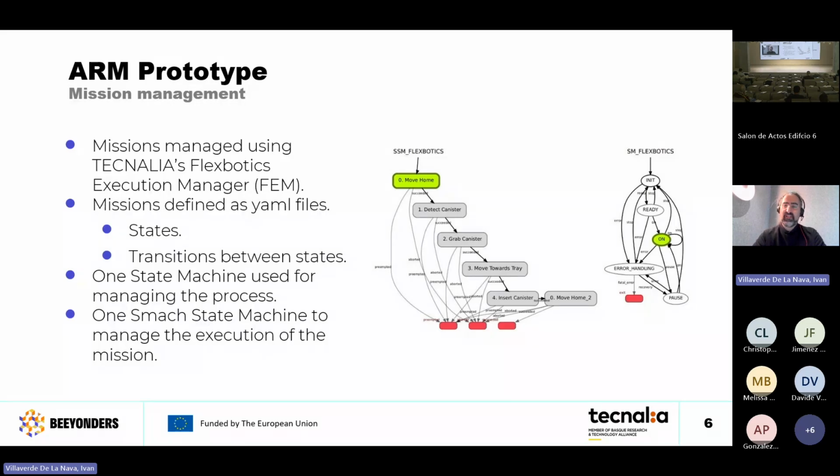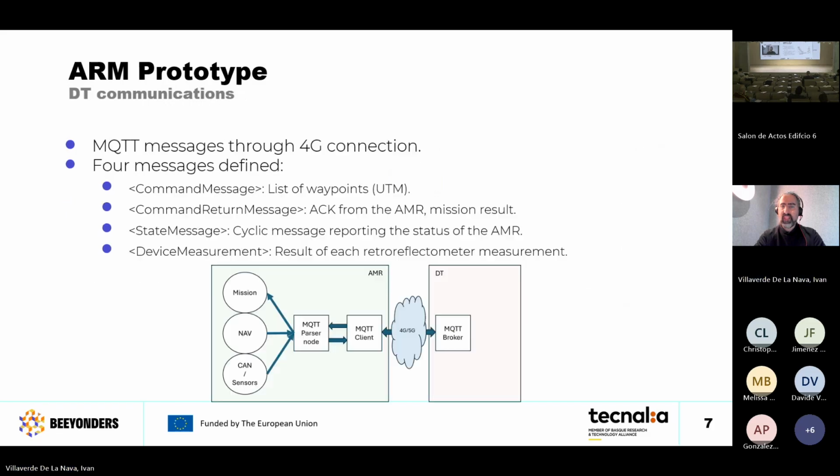So this system also has a higher level state machine that is going to control not the mission itself, but how missions are received, also control the error handling and everything that needs to be taken into account to make sure that the mission is actually being carried out successfully, and that we are ready to start a new mission and so on.